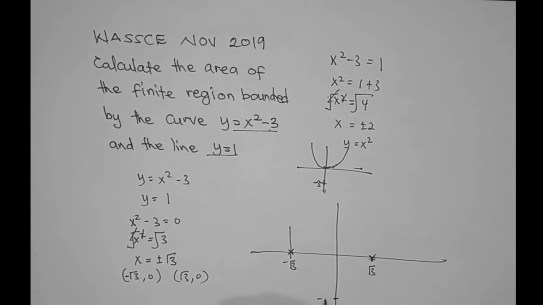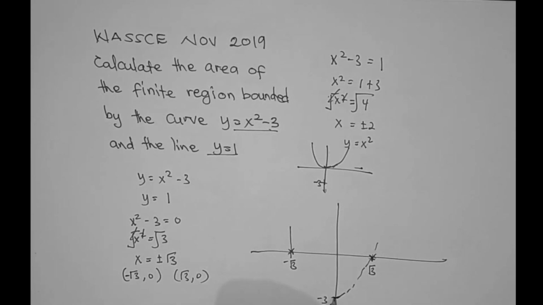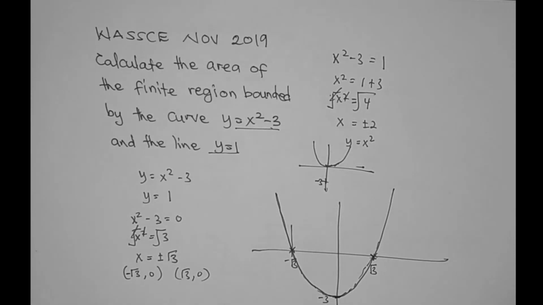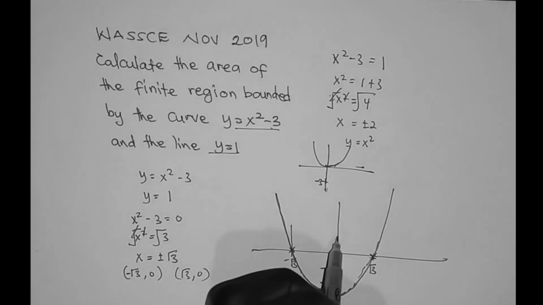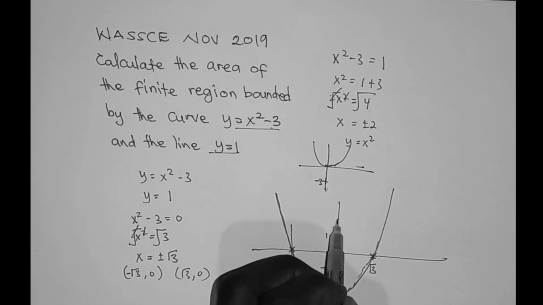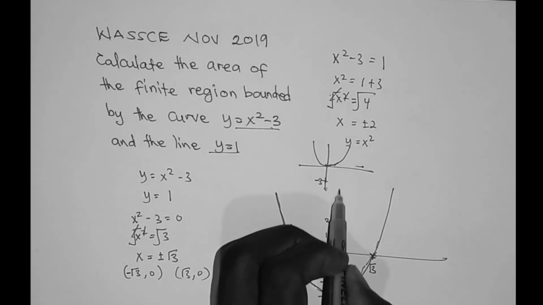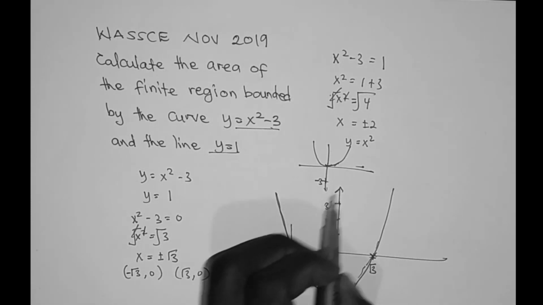So let's assume this is minus 3. So the graph is going to look like this. So here is 0, this is 1, and then this is 2, minus 1, minus 2. And here is 1, 2, and then 3.